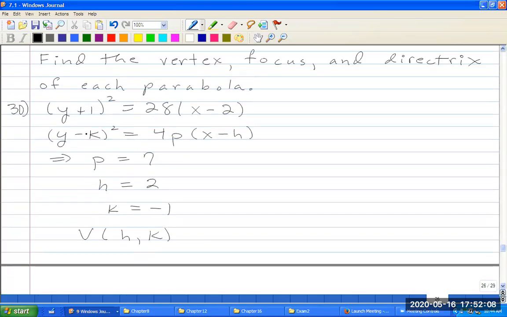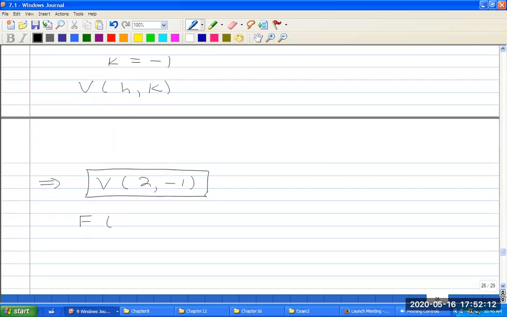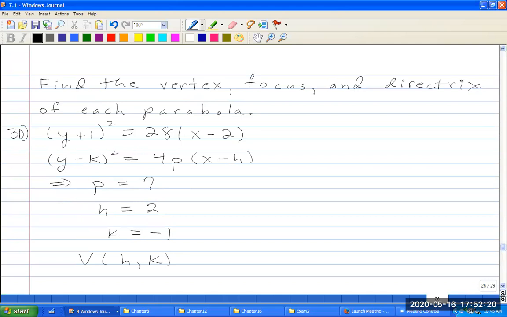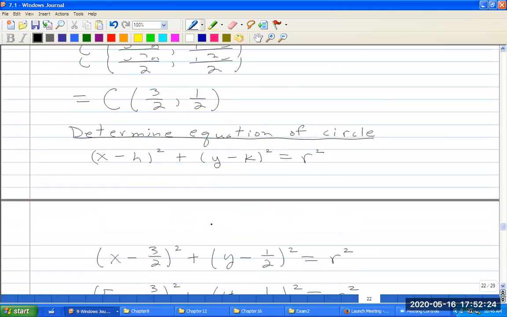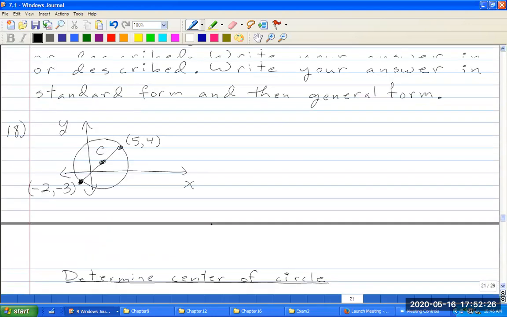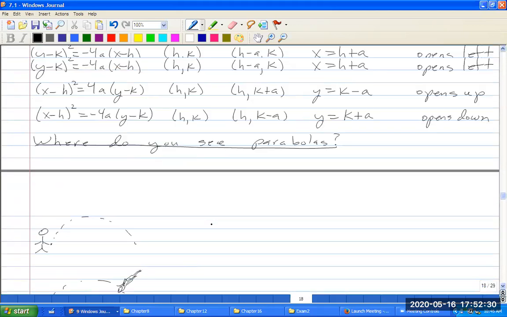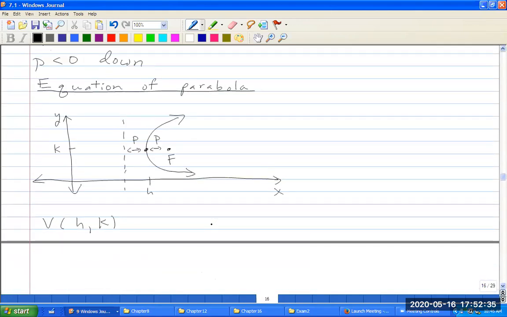What's squared? The y is squared. Okay, so that's fixed. So this is going to be h minus p, k. If I look here, I should have sort of said that. I'm going to scroll up for one second to look at my summary.